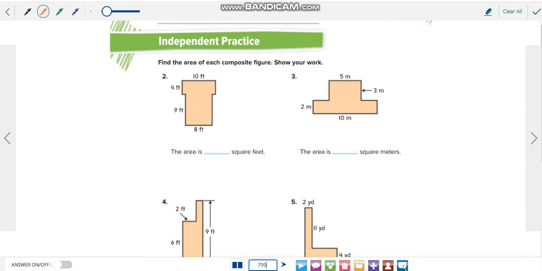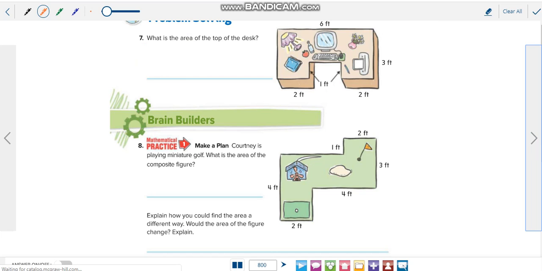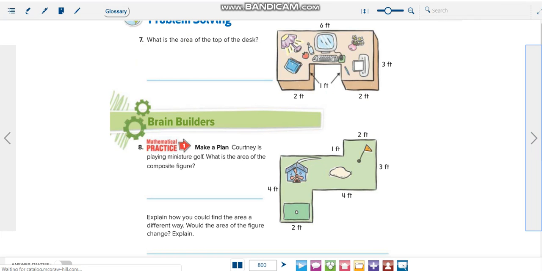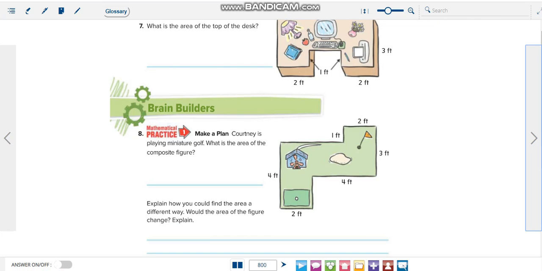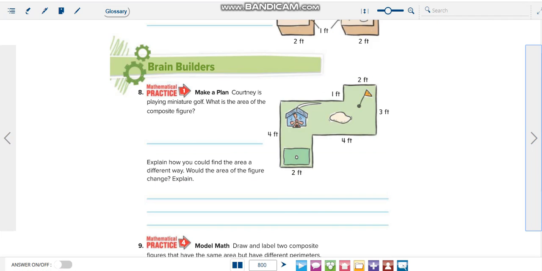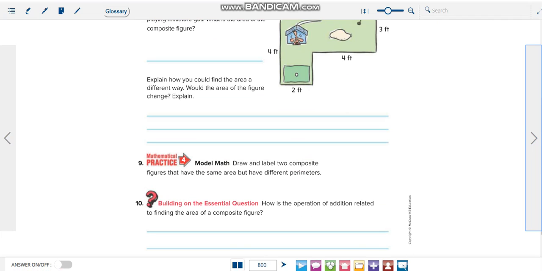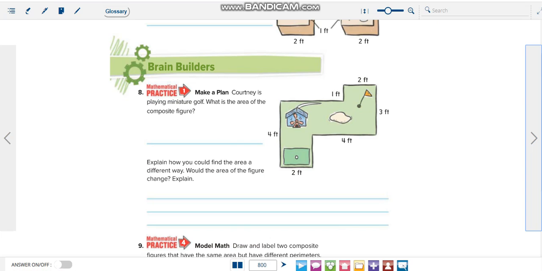Then you move on to the following page, that is page 800. Remember to read carefully, to look at what you know and what you need to find.